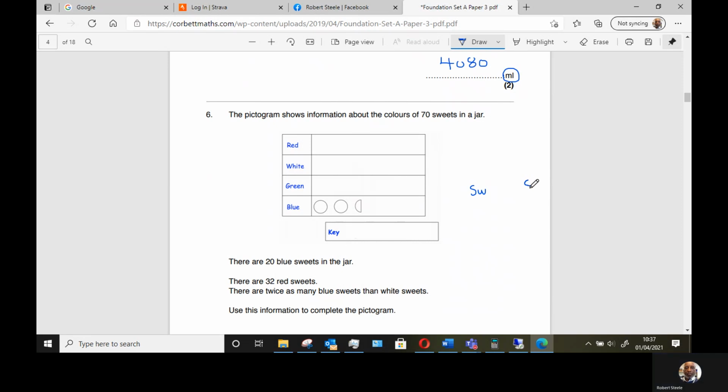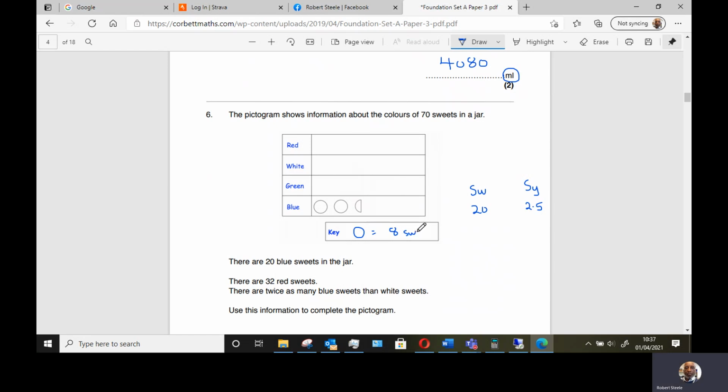I'll write that using a decimal. Now, if you're comfortable to do 20 divide 2.5, you'll get 8. You'll work out that the key is that 1 circle equals 8 sweets.